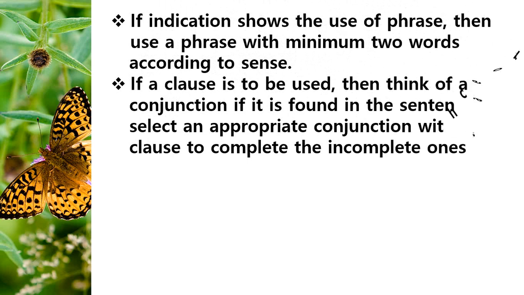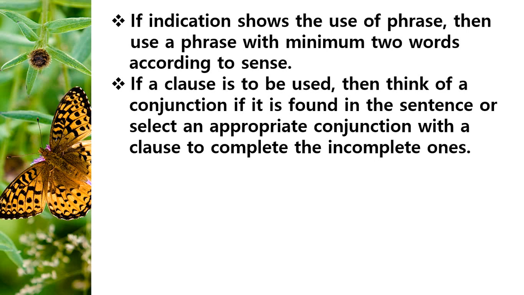If a clause is to be used, then think of a conjunction if it is found in the sentence. Select an appropriate conjunction with a clause to complete the incomplete ones. If we find any conjunction, then we have to apply rules according to the sense of conjunction.